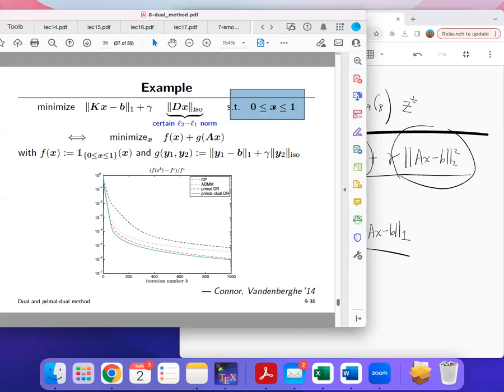And then we will formulate this entire problem into f(x) plus g(Ax). f(x) is basically handling this constraint; it's the indicator function of the constraint. g, this part, will model the entire objective function. So g(y1, y2) equals the L1 norm plus the L2 norm, plus the total variation norm. And this A is a concatenation of K and D. Okay, so K is applied to y1, D is applied to y2, basically.